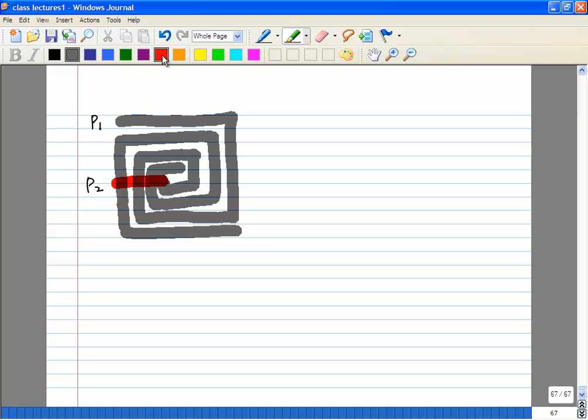I obviously, for the given area, added too many turns. But you get the basic idea.